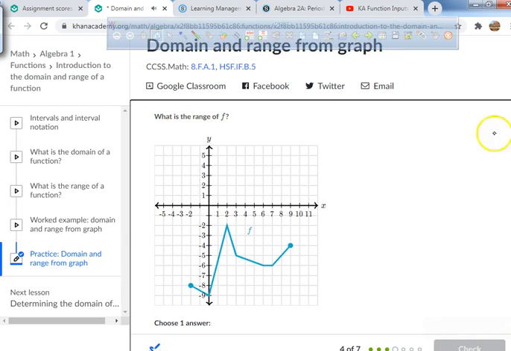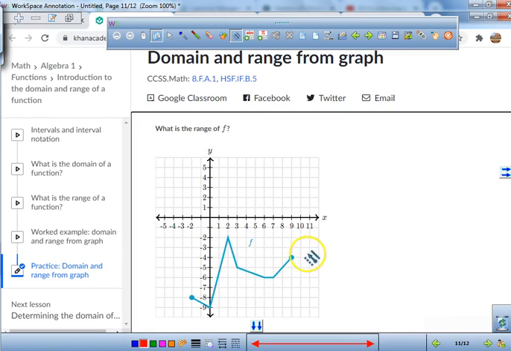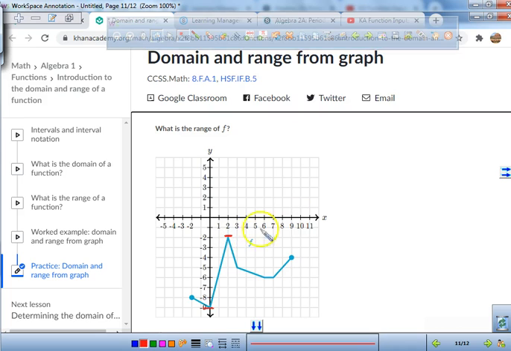Okay, let's take a look at this one. What's the range? So what's the range dealing with? How high up and how low does it go. How high up does it fly? This is the last one I'm going to do because you should be able to do this after it. What's my lowest point, everybody? -9.